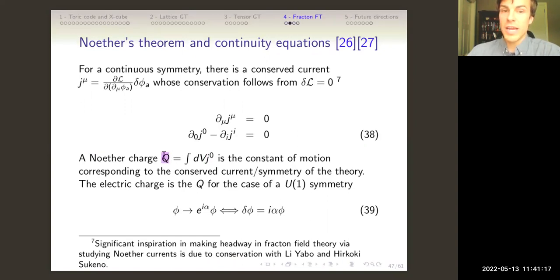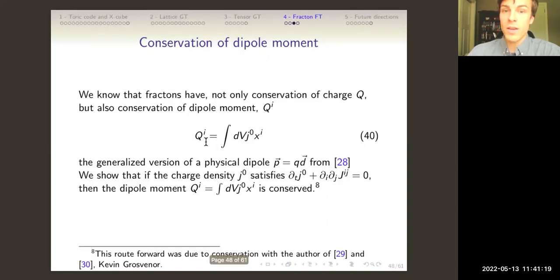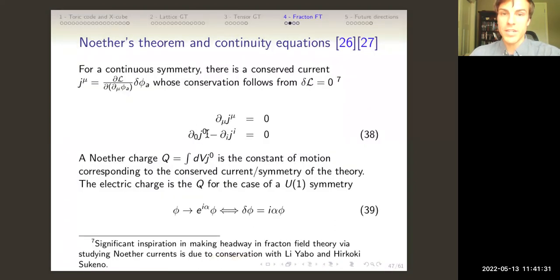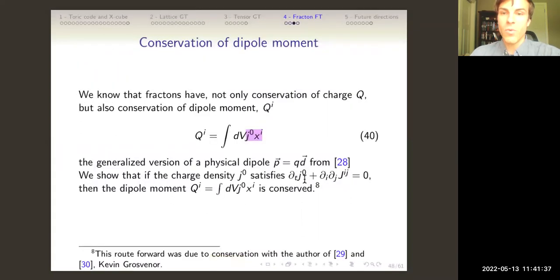So in order to have a Noether charge which is rank 1, we need some kind of rank 2 object that we take the integral of with a continuity equation. As opposed to the standard continuity equation, where each term has a saturation of indices, we're going to need something with a higher rank spatial current.